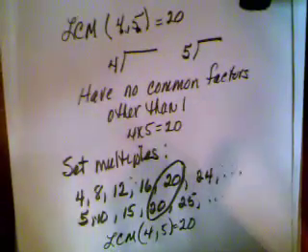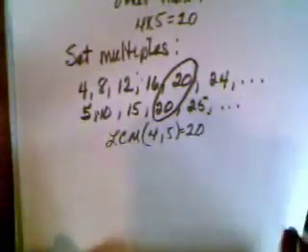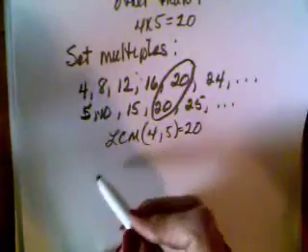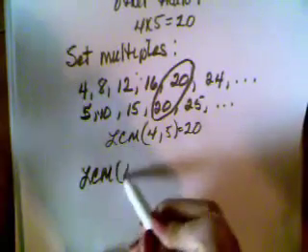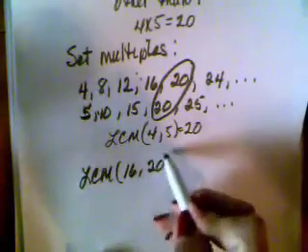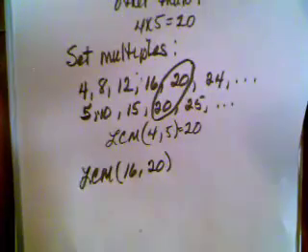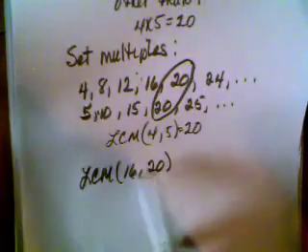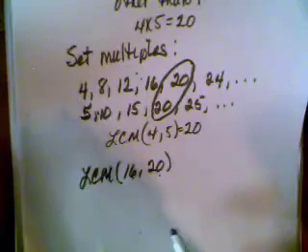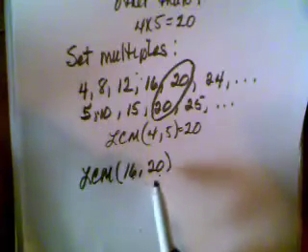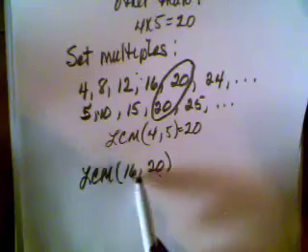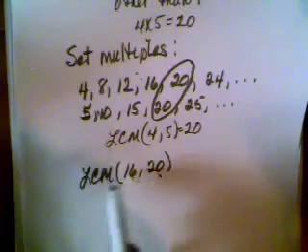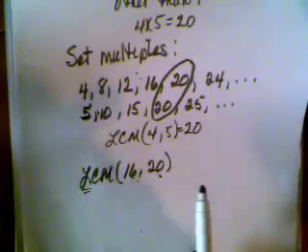Alright, let's use different numbers. Let's say they want you to find the least common multiple for 16 and 20. Well, 16 and 20 have common factors, so you cannot multiply 16 times 20 and get the least common multiple.